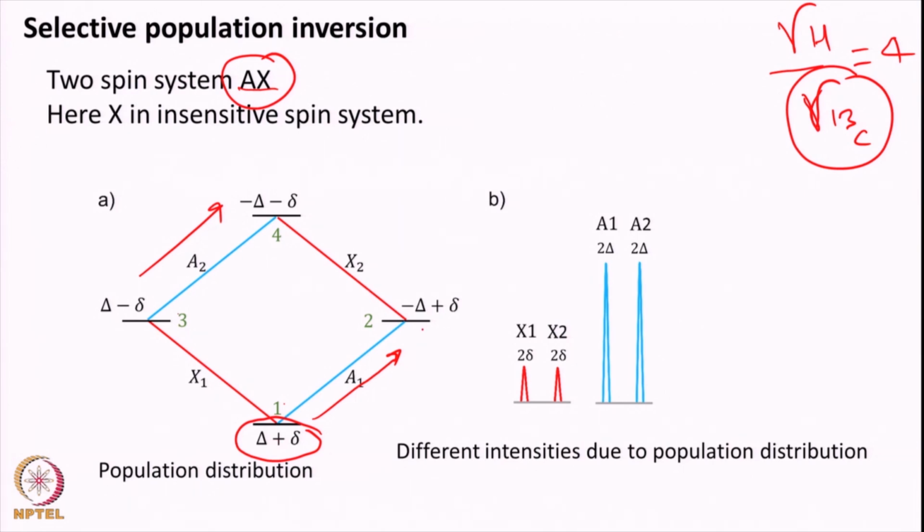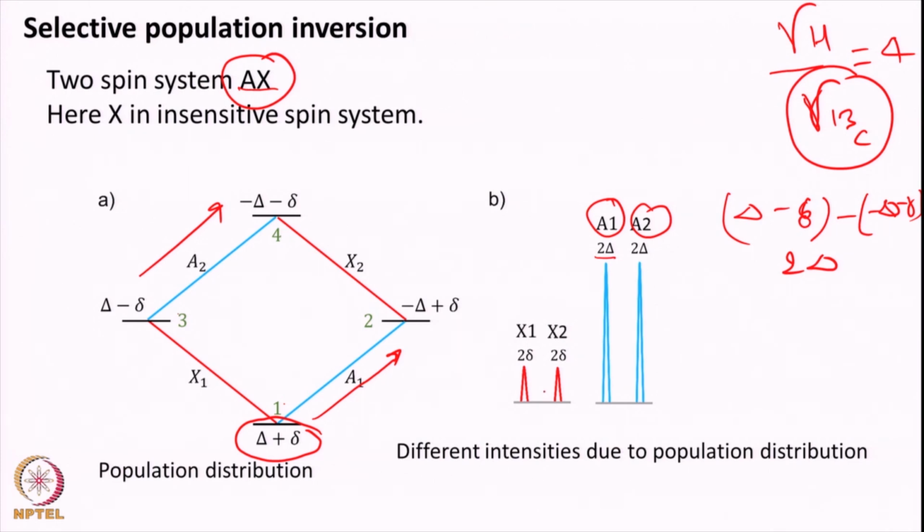So, for A1 the difference from here to here is plus 2 big delta, and for A2, this minus this, big delta plus small delta minus minus big delta plus small delta, is also 2 big delta. That is how A1 and A2 have intensity equivalent to 2 big delta, and they are sensitive nuclei, so they have higher intensity.